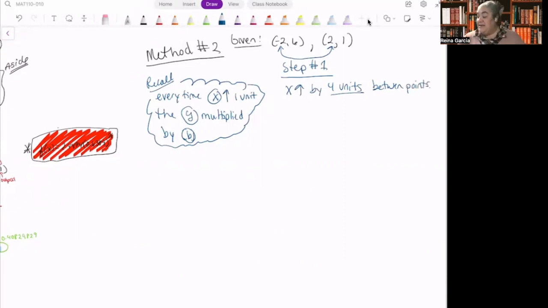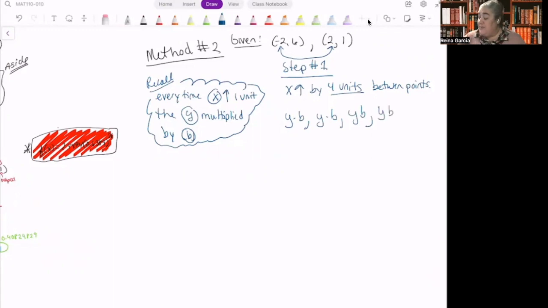Okay? So if my x's went up by 4 units, that means that every single time that happened, my y got multiplied by b. So the first time that happened, I had y times the b. And then it happened again, and it was y times the b again. And then again, and one more time.